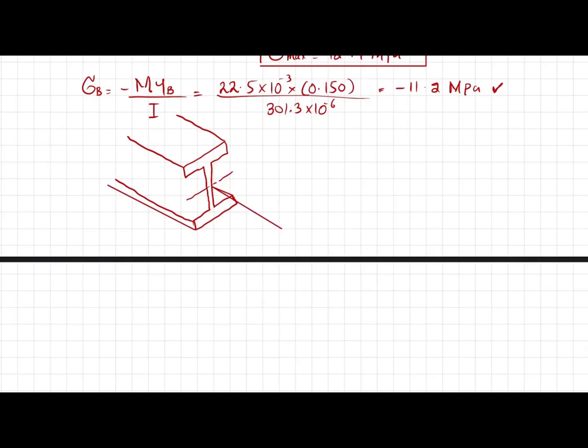Clear? Okay. So this is your neutral axis NA. Now by using this formula, stress is equal to moment into C divided by I. Clear? So you can see that you will have maximum stress when C is from neutral axis to this point.